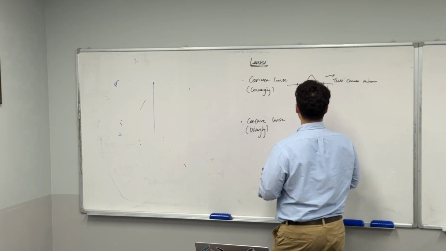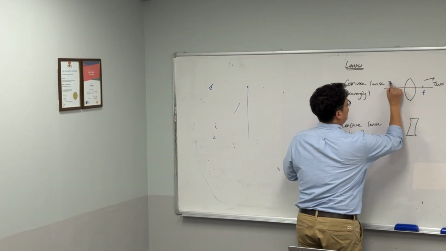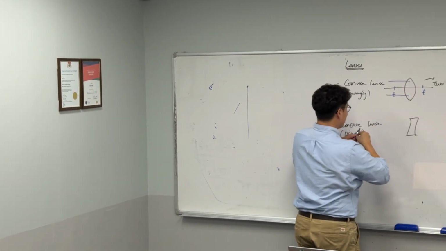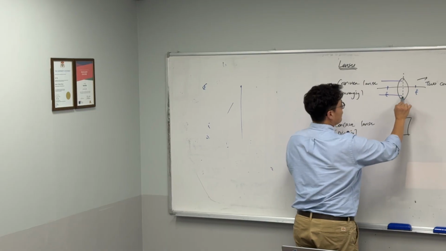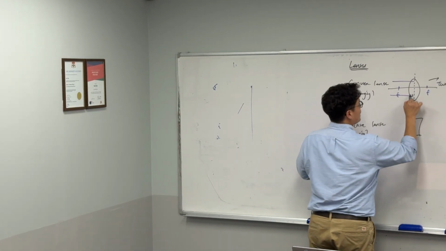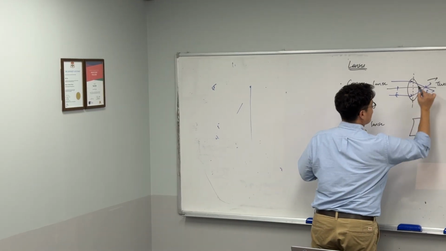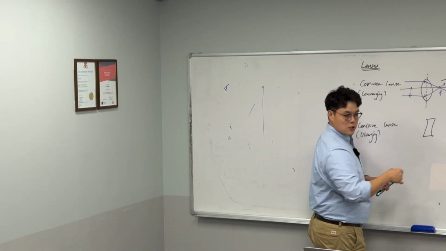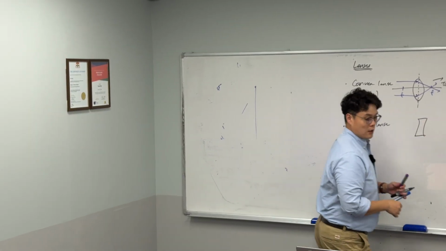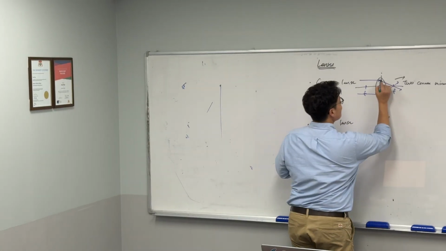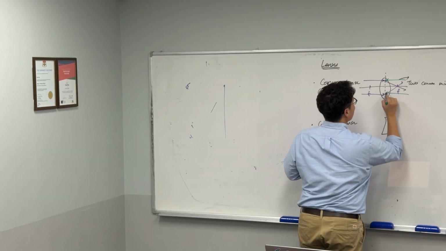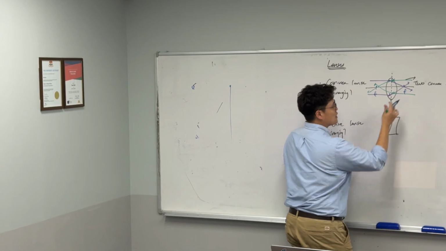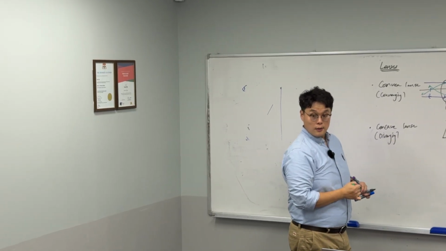What happens to the light for the converging lens is that when the light goes in, using the imaginary axis in the middle, it converges to the focal point. Vice versa, if we shoot the light from a point here, it will converge through the focus at the other side of the image.